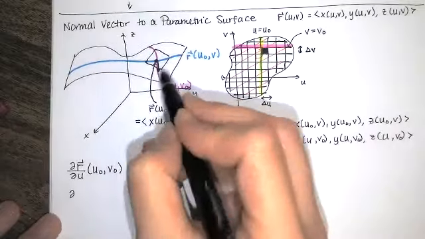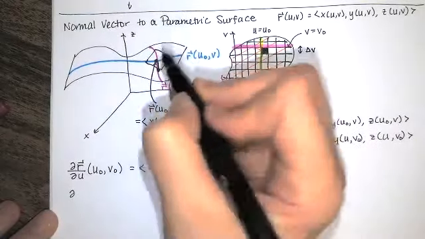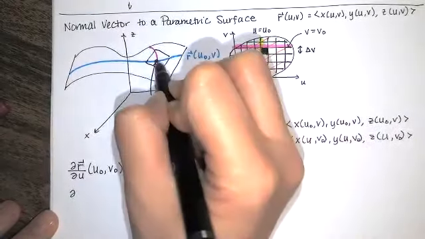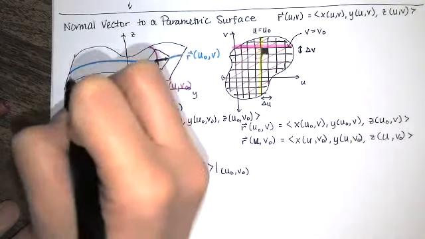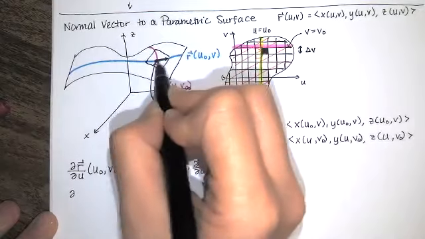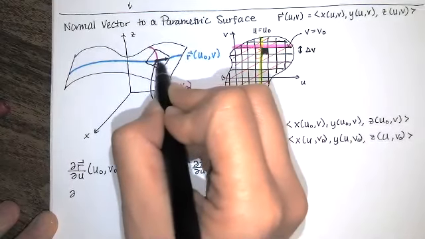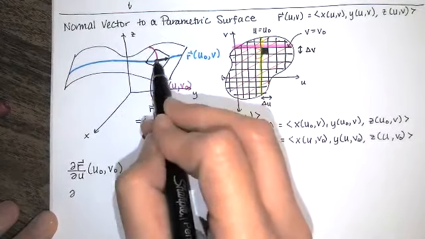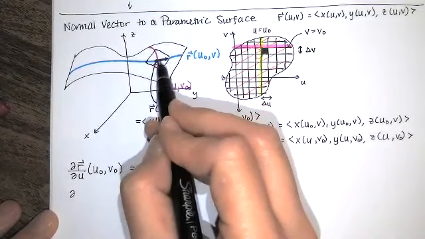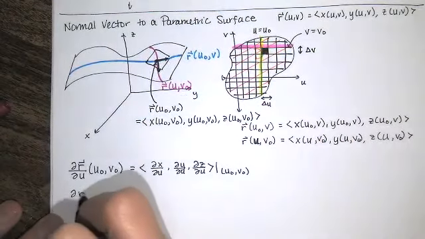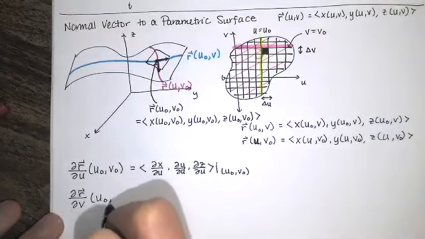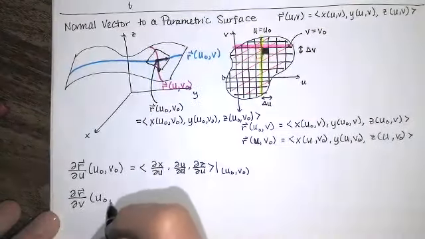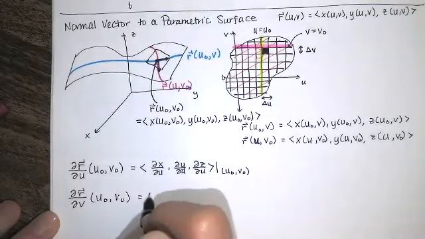And then if I want another tangent, I'll do the same thing over here. As v increases, we trace out this curve. So if I take the derivative of r with respect to v, the partial derivative of r with respect to v, that's going to give me a tangent line at u naught, v naught as well. So I take the partial of r with respect to v, giving us a little tangent vector in that direction.